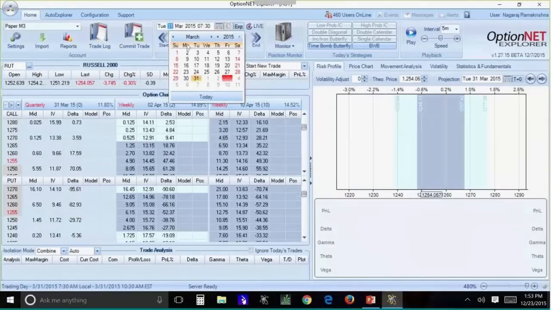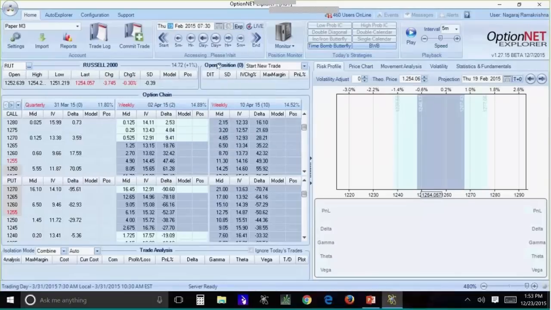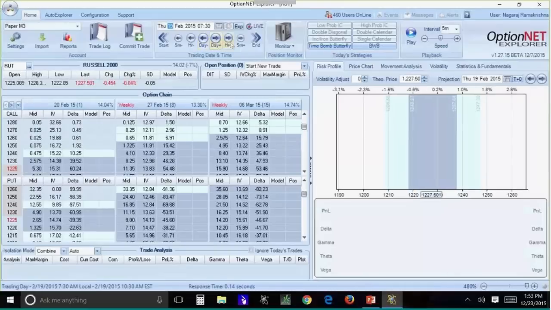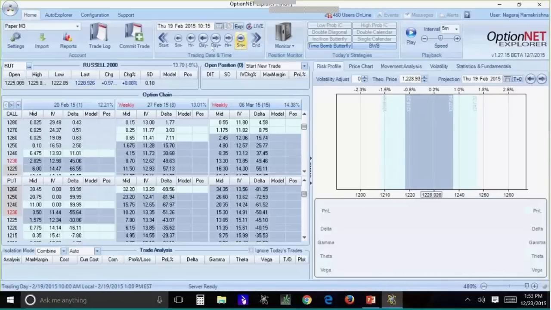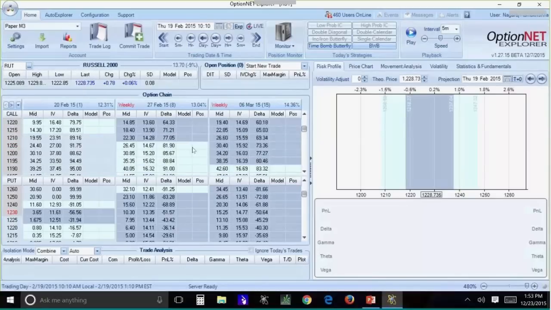So entered February 19th. It was done using a 1170 long call.